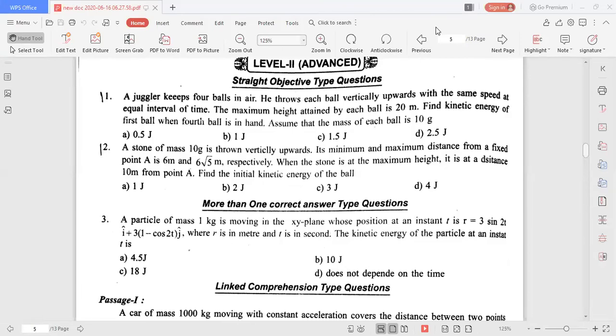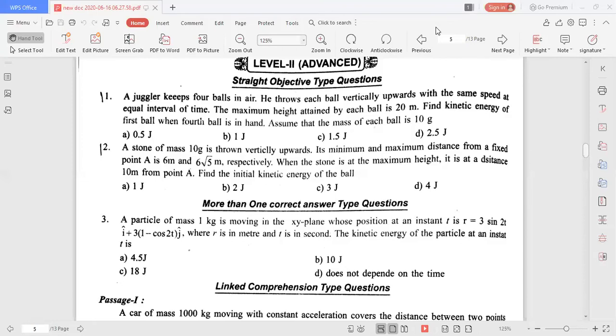Therefore you get 6 cos 2t i cap, plus, since minus times minus is plus, 6 sin 2t j cap. It is the velocity vector.